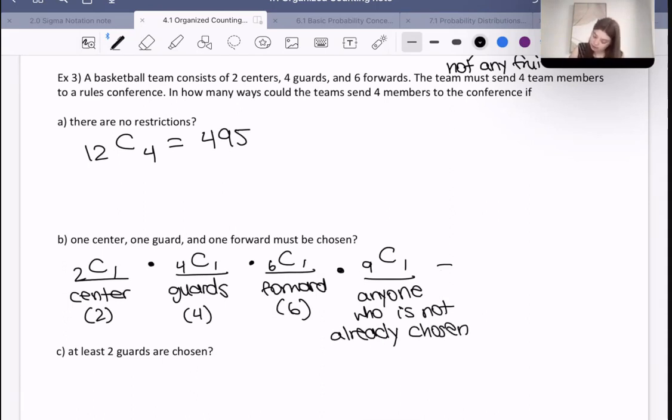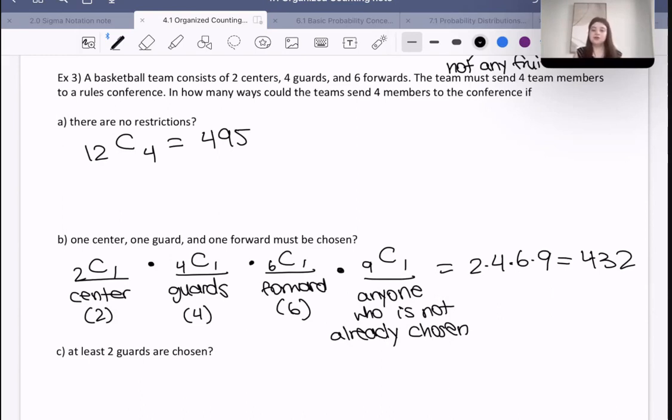So this is going to end up being just 2 times 4 times 6 times 9, which is 432. So therefore, there are 432 ways to choose. So you might notice, well, hey, that's almost as much as when there were no restrictions. And that's because in most of the cases when there were no restrictions, most of those did include at least one center, one guard, and one forward, right?